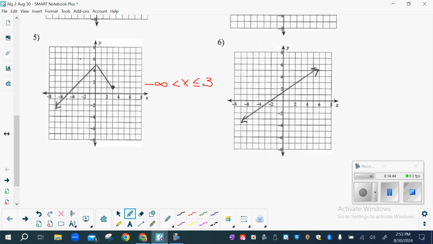Any questions on why it's underlined in one of them and not the other one? That's in the y direction, so green. We're just doing domain today.